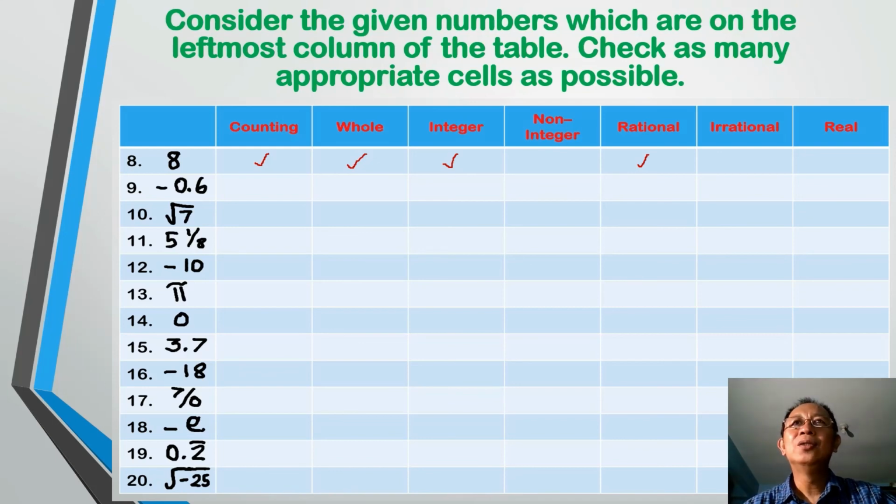Okay? So, since may check dito sa rational, real siya. Okay, yan. Pag walang check dito sa rational, walang check sa irrational, parehong walang check sa real, kasi pag hindi siya real, wala siyang check dito. Okay? So, ganun lang. So, copy and answer.